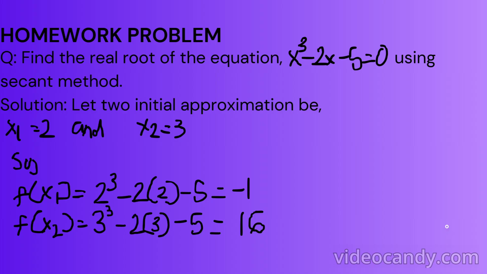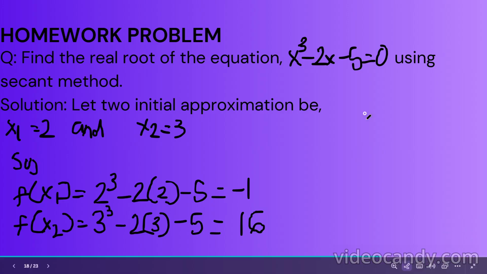Okay, this is the homework problem. The question asks to find the real root of the equation x cubed minus 2x minus 5 equal to 0 using the secant method. So the solution is to let the initial approximations be x1 equal to 2 and x2 equal to 3.